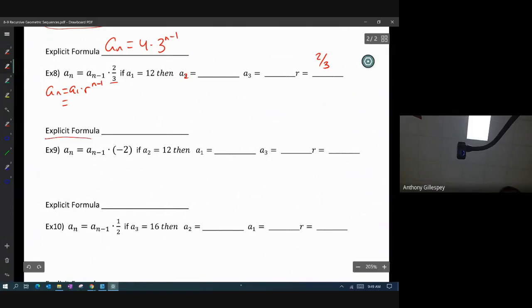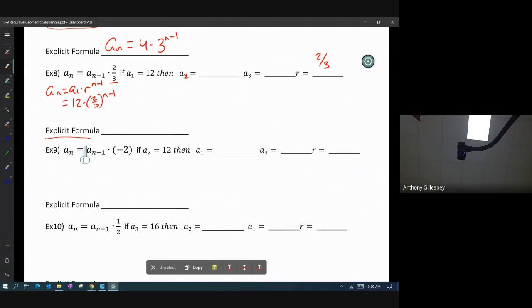We're trying to write the explicit, right? Find any number. Take the first number, which is what? 12 times what? In parentheses. Good job. N minus 1. All right. So what do we need to do here? To find a sub 2, what are we going to do?